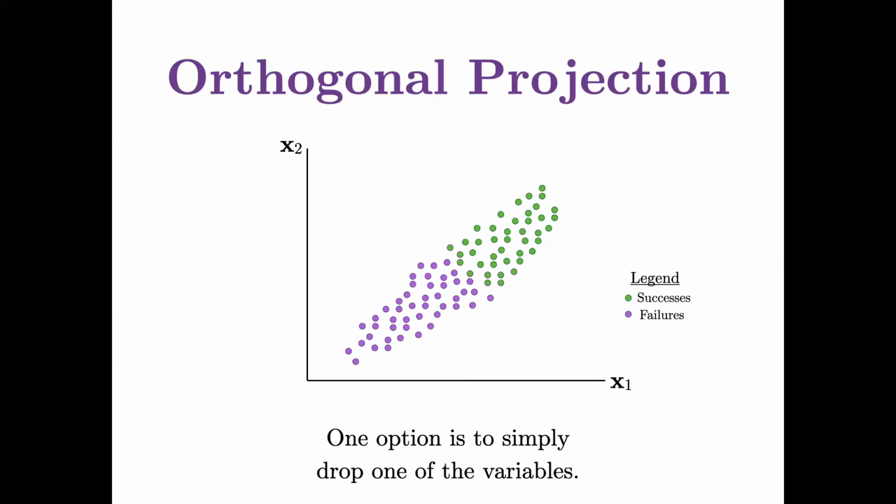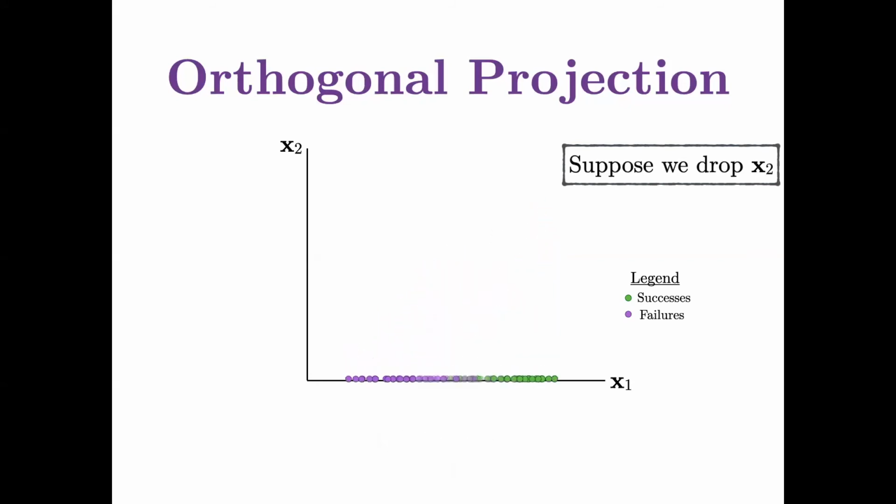So one of the options is to simply drop one of our variables. Let's suppose we drop x2. Well, that would mean the resulting data is one-dimensional in nature, and it only involves the coordinate along x1. Again, that's an orthogonal projection of the data onto x1.